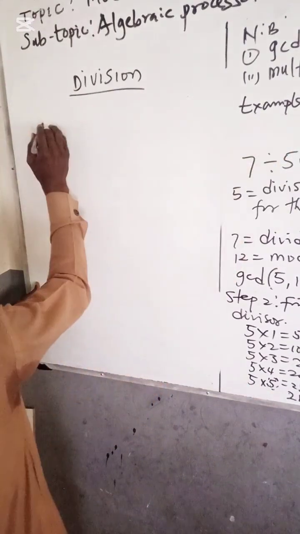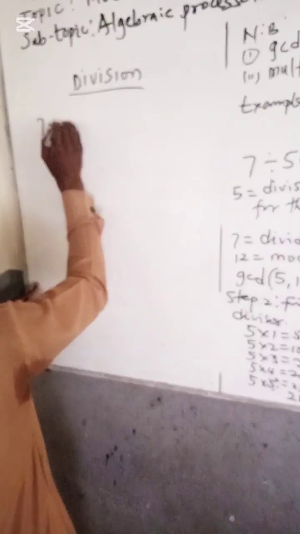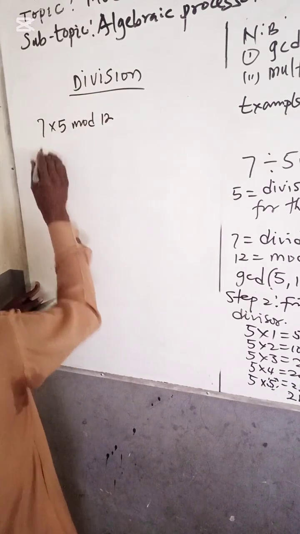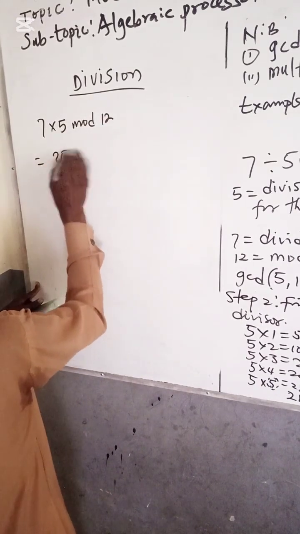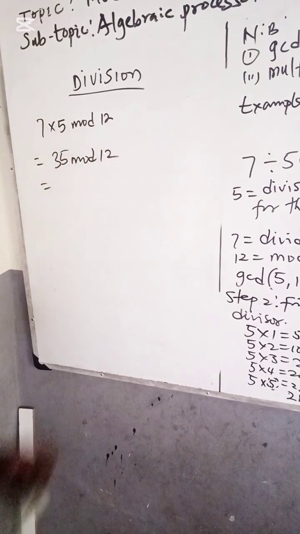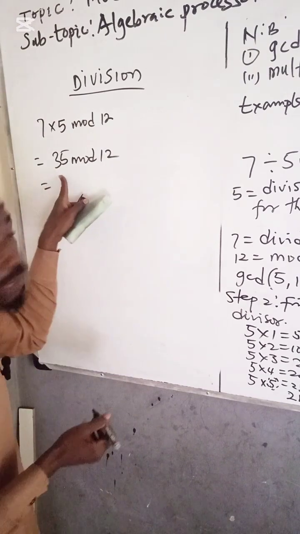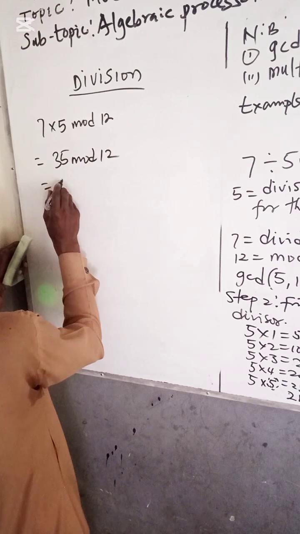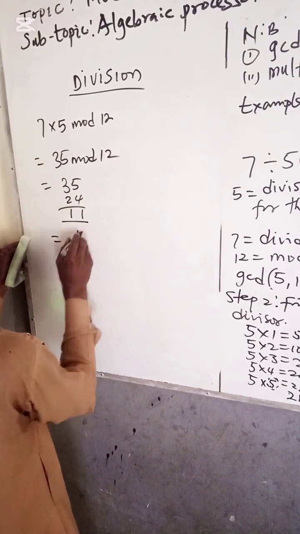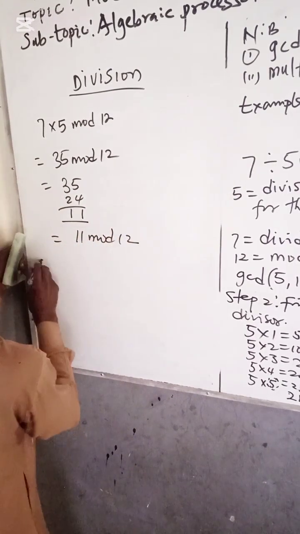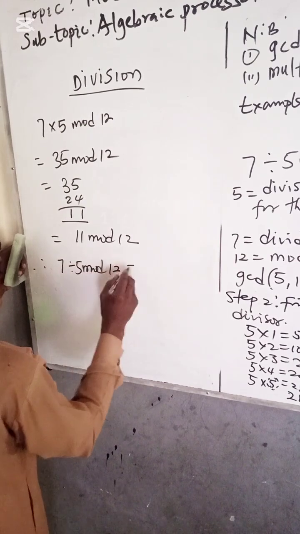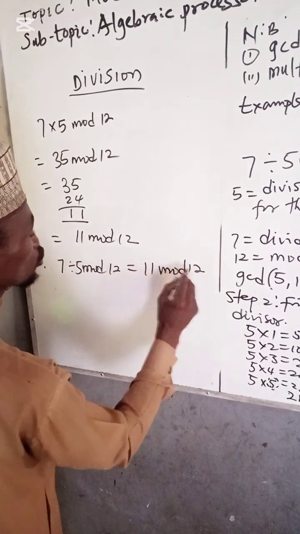So we can now come up here and say: multiplicative inverse, dividend times our inverse, mod 12. 7 times 5 is 35 mod 12. 12 times 2 is 24. 12 times 3 is 36, more than the value. So we look for 12 times 2, which is 24. 35 minus 24 is 11. So we have 11 mod 12. Therefore, we can say 7 divided by 5 mod 12 is equal to 11 mod 12.